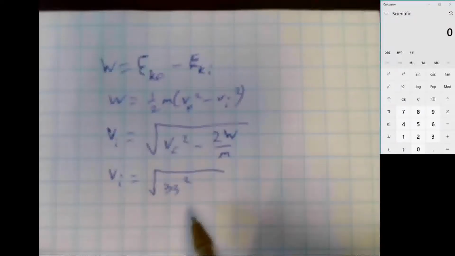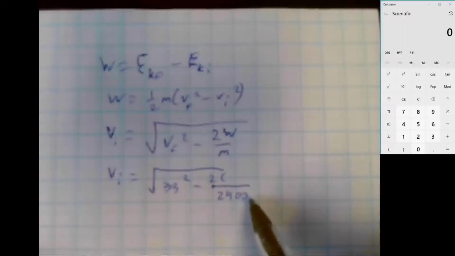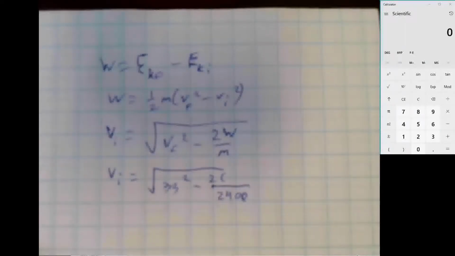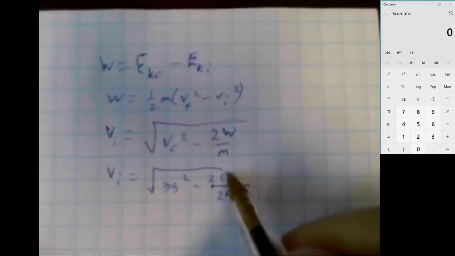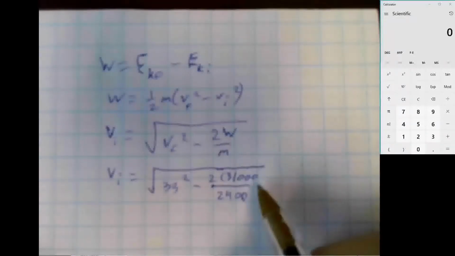33 squared minus 2 times, I don't have the number right here, let me write down this one, 2400 is the mass. I'm just going to click back here. It looks like it's 31000 to the 5.